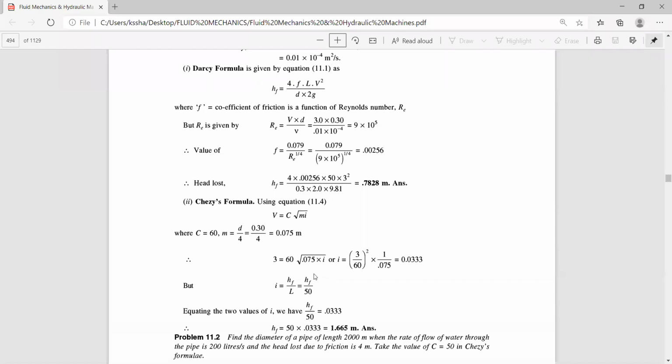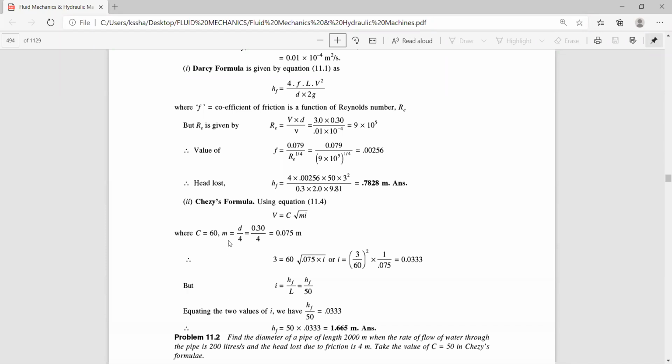So once you have calculated i, i is equal to hf by L, hf by length, which is 50. So equating the two values of i, we have hf by 50 is equal to 0.033. So your hf comes out to be 50 into 0.033. So it comes out to be 1.665 meter.